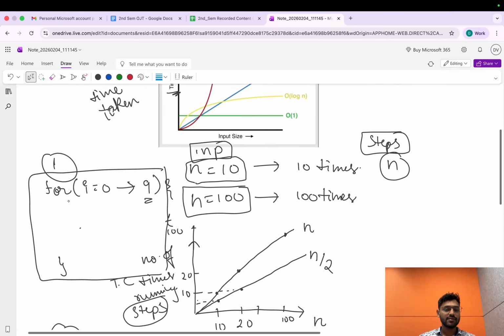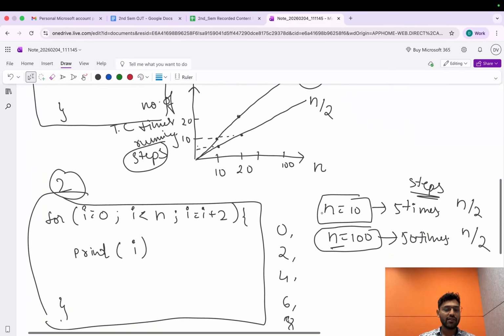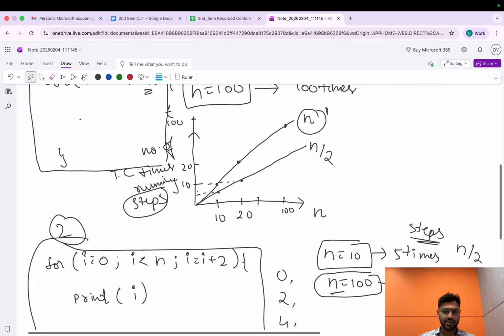In case 1, when n value is 10, we are running 10 times, right? In case 2, when n value is 10, we are running only 5 times. So what does time complexity really say? We are not worried about how many steps it exactly runs, but we are focused on the growth rate.